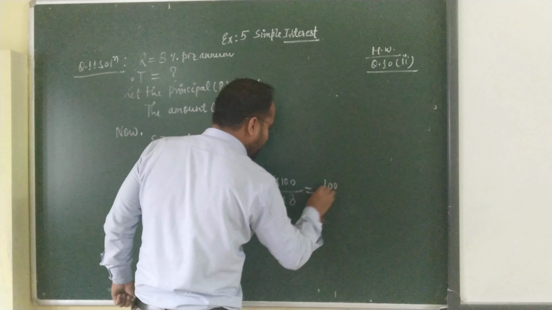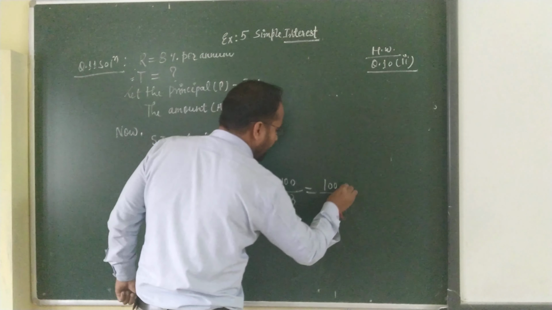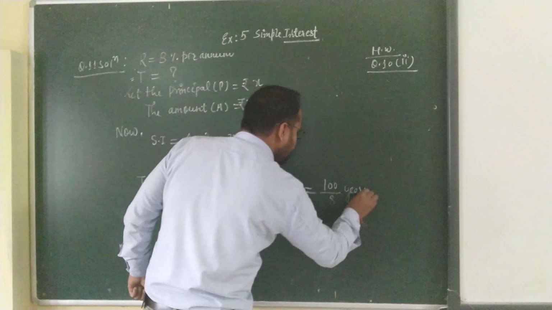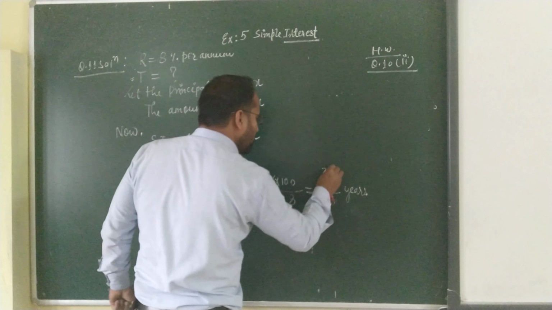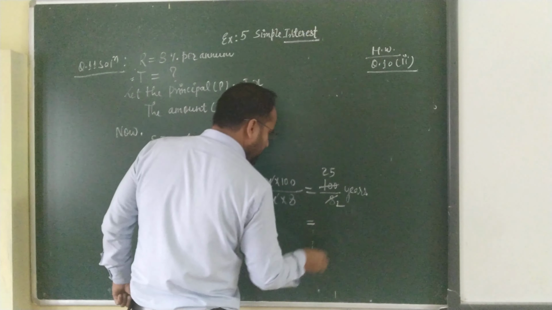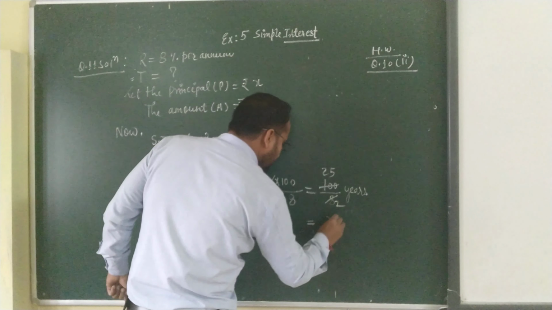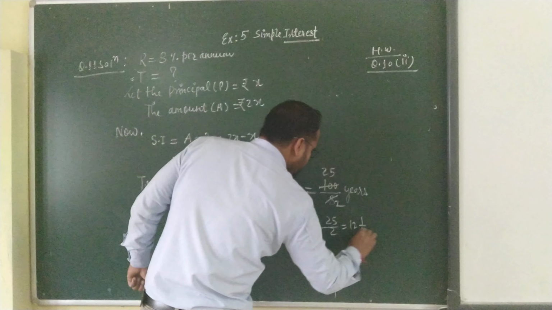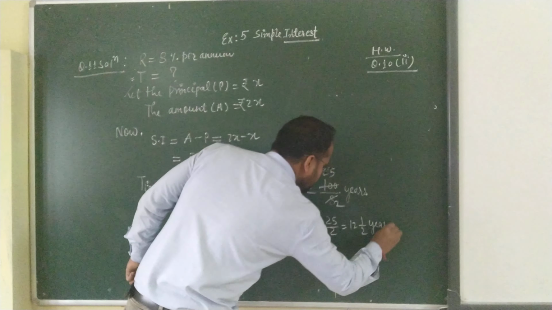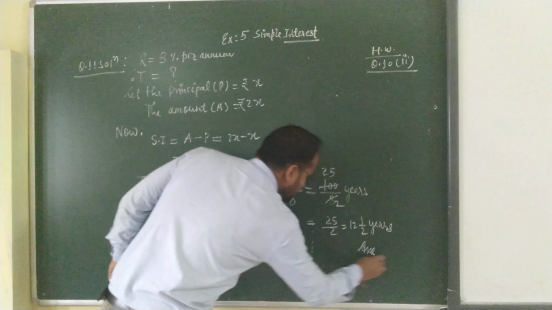You will get 100 upon 8 years. It is cancelled out by 4: 4 25s are 100, 4 2s are 8. So you will get 25 by 2 years, which is 12 whole 1 by 2 years. This is your solution for this case.